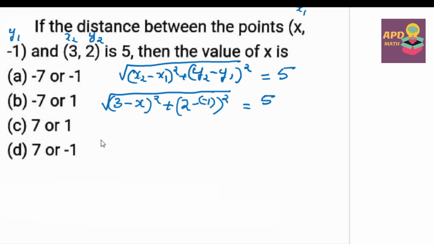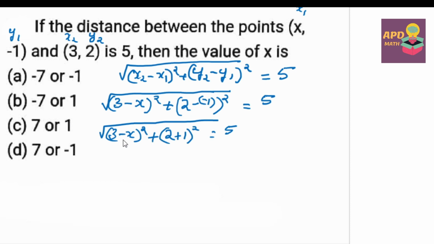Now we have to simplify this. The square root of (3 minus x) whole square plus (2 plus 1) whole square, because minus into minus is plus, is equal to 5.